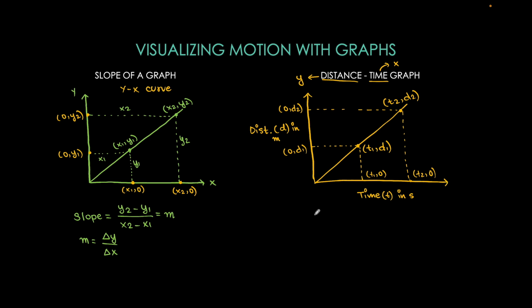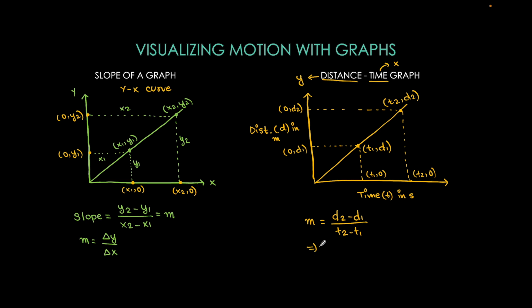Okay. So now if you need to find the slope, what will we do? Simply it's d2 minus d1 divided by t2 minus t1, right? If you consider the time axis as the x-axis and the distance axis as the y-axis, we have y2 minus y1 by x2 minus x1. So here in place of y2, y1, x2, x1, we write d2, d1 and t2, t1, right?